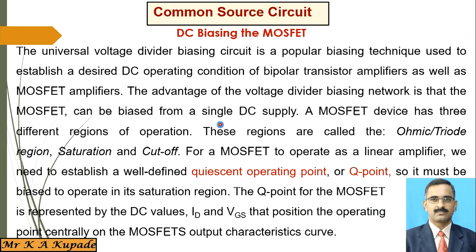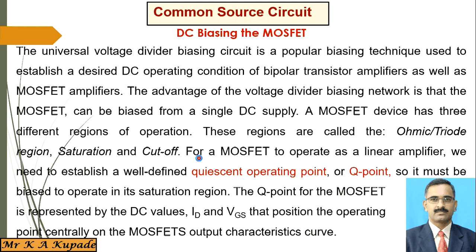For that you can use only one common DC supply, right? A MOSFET device has three different regions of operation. These are called the ohmic or triode region, the saturation region, and the cutoff region.